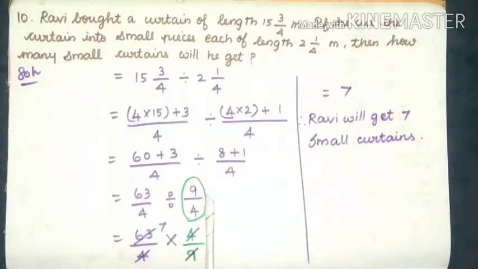To find the division, you have to change this division symbol into multiplication, and then the second fraction as reciprocal. 9 by 4 into 4 by 9. 63 and 9 will be cancelled in the 9 table. 9 ones are 9, 9 sevens are 63. 4 and 4 will get cancelled. So you will get the answer as 7. Therefore, Ravi will get 7 small curtains.